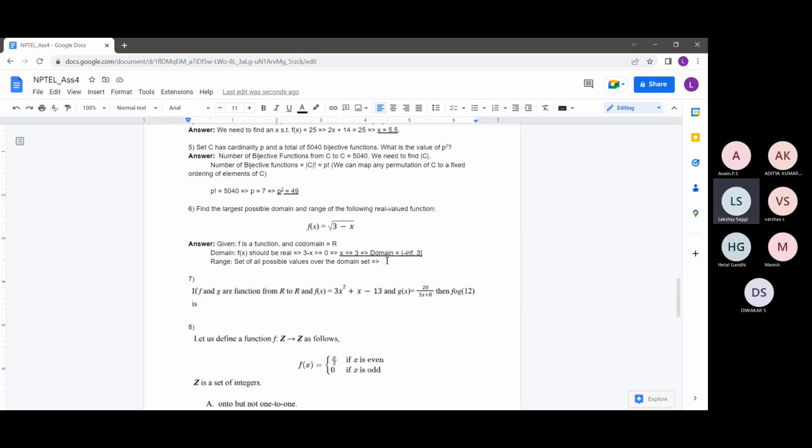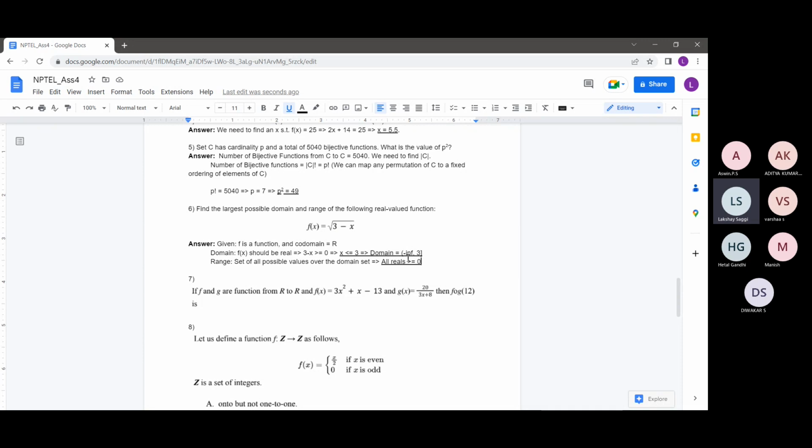So here we can say that the range is basically all reals greater than or equal to 0. I hope it's clear to you guys why this is the range, because at the exact value 3, the value of f of 3 will be exactly 0, so equality at 0.